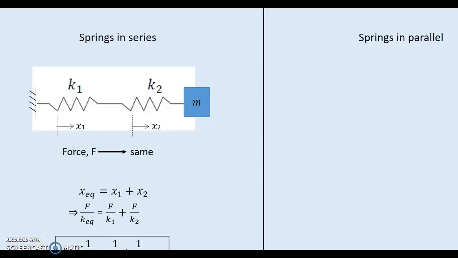Let's consider two springs in a system are connected in series. In this case, the force developed in each spring is same. However, the displacement of the block is the sum of displacement of the springs connected in series. So we can write x equivalent equal x1 plus x2.